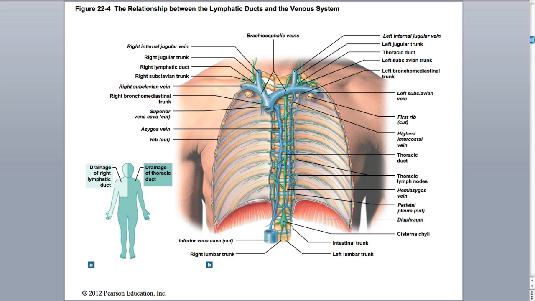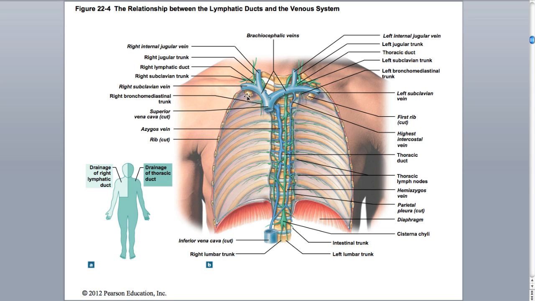Now, to make sure you understand that, we have a picture. This picture shows you, on this side, we see the left jugular trunk. Right, we see all that there. And then this is, of course, the left subclavian vein. So this is where everything meets up. And on the left-hand side, you had your thoracic duct mentioned.